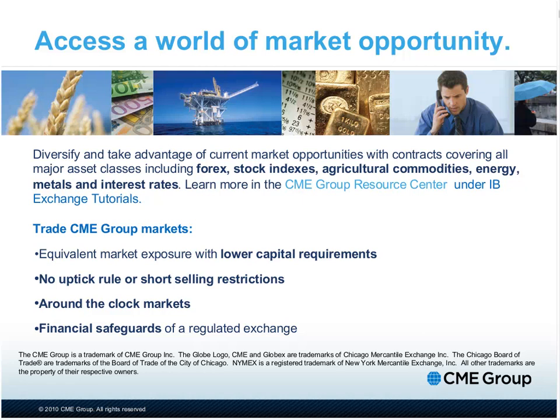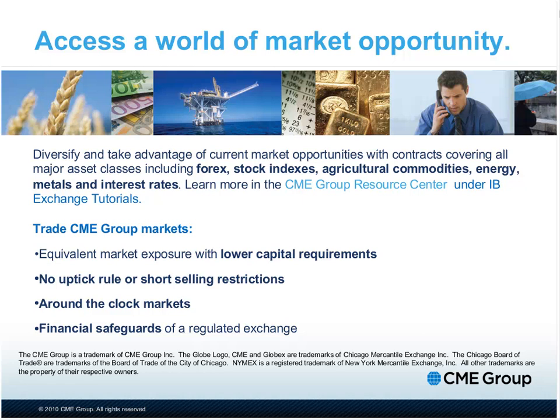If you're mainly a stock trader, this next bullet point talking about the uptick rule and no short selling restrictions is a very powerful thing for a lot of equity traders that want to play from the long and short side and be very active in moving around in positions and being able to play the market from different sides. The ability with futures to just as easily buy a futures contract as to sell a contract.